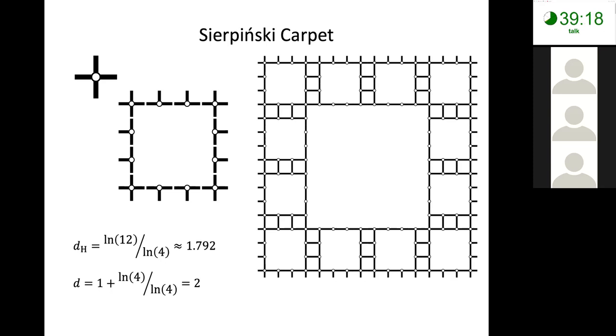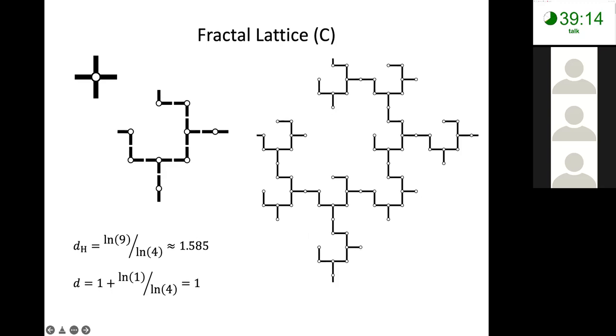We can even talk about other, more interesting or strange lattices, like this labyrinth fractal, which has the boundary dimension equal to 1.